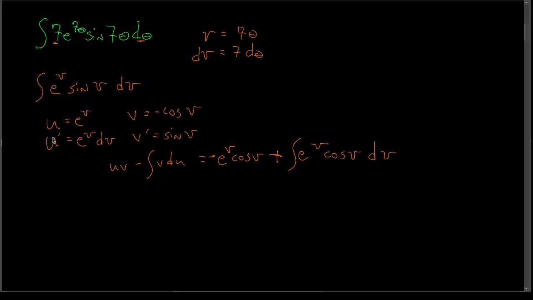There's our du part, e nu d nu. There's our v part, negative cosine, so the negative comes out making that positive. We get negative e nu cosine nu plus the integral of e to the nu cosine nu d nu.